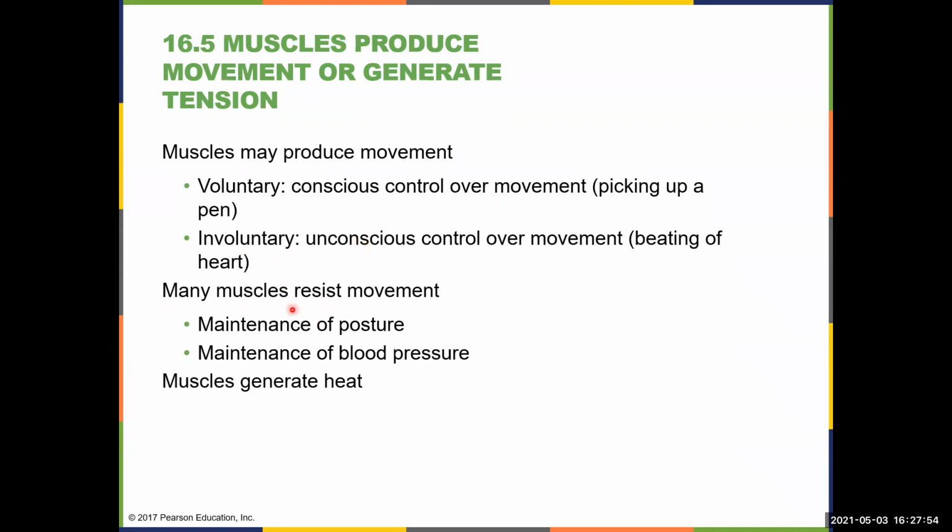Now, there are also muscles in our body that have a job to resist movement. So, for example, there are muscles in your lower back that are there to help your body maintain posture, to maintain upright. There are muscles that are specifically for, say, maintaining blood pressure. And then also muscles are used to generate heat.